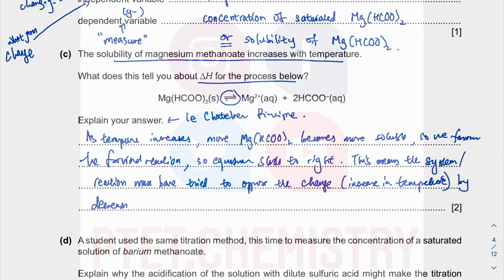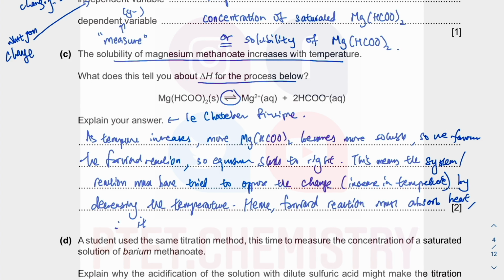That is your Le Chatelier principle. So it goes forward to decrease temperature. It shifts to the right to try and decrease temperature because it wants to oppose the change, which is increase in temperature. Hence you can say the forward reaction must absorb heat.